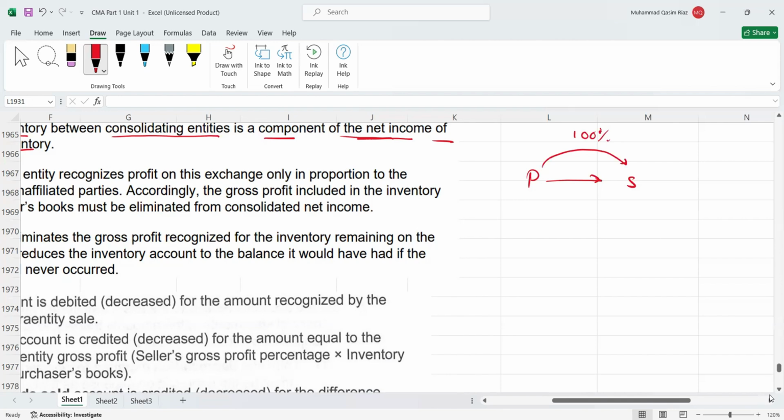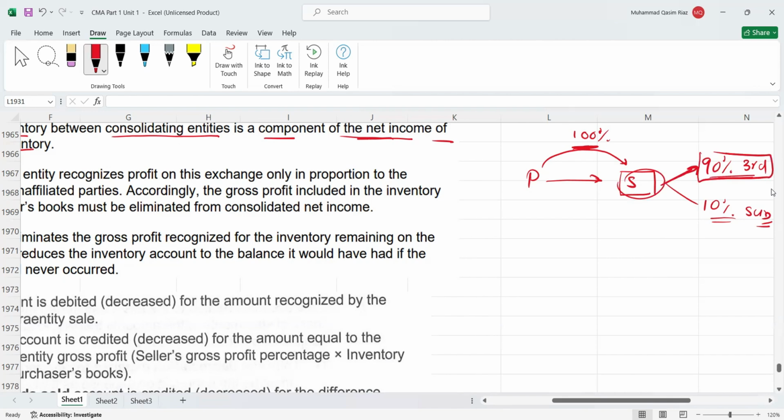Now let's assume that out of these 100% goods, the subsidiary sold 90% to third parties, and still 10% inventory is showing in the subsidiary's balance sheet. This is the first scenario: when one entity sells goods to another entity, and the other entity sold some portion of those goods to a third party.